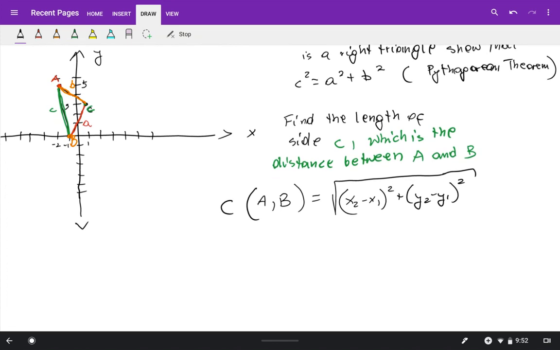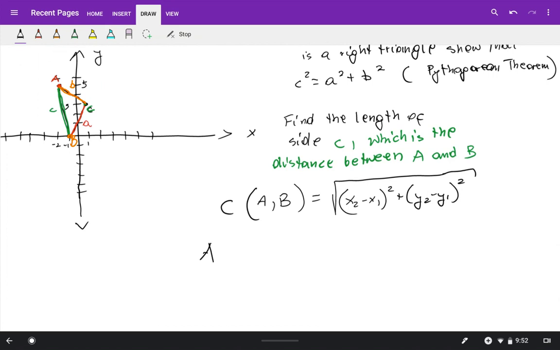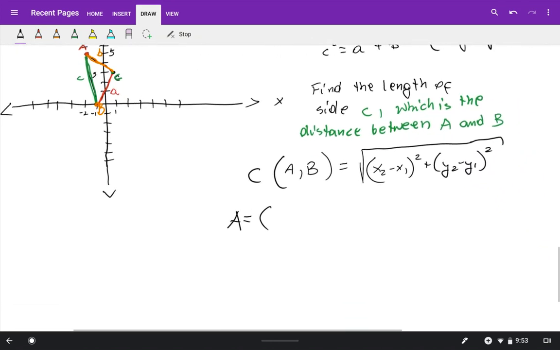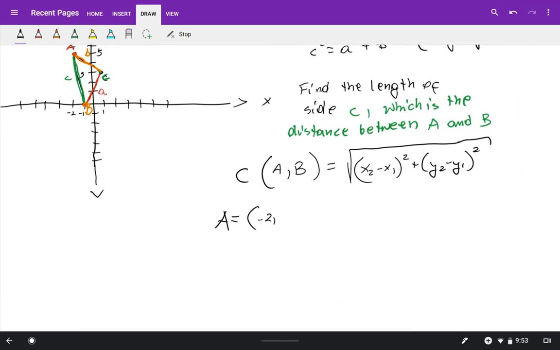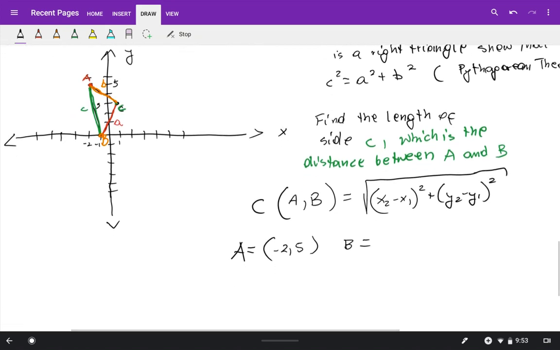The coordinates of vertex A of the triangle are -2, 5. The coordinates of vertex B of the triangle are -1, 0.